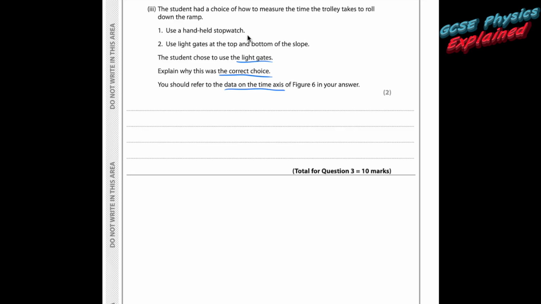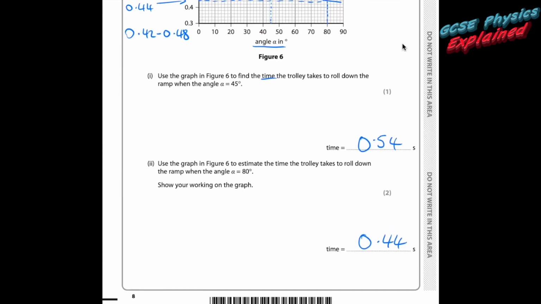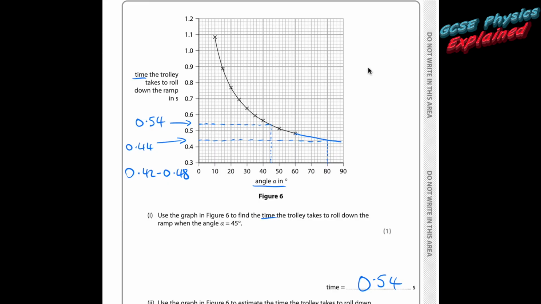Right, well, if you're going to use a handheld stopwatch, that is human reactions, which are about 0.25 seconds, about a quarter of a second. Now, what is the time we are trying to measure? The time we're trying to measure is between anything from 0.4 up to 1.1. Now, that time is too fast for humans to measure. Our reactions are just not fast enough.